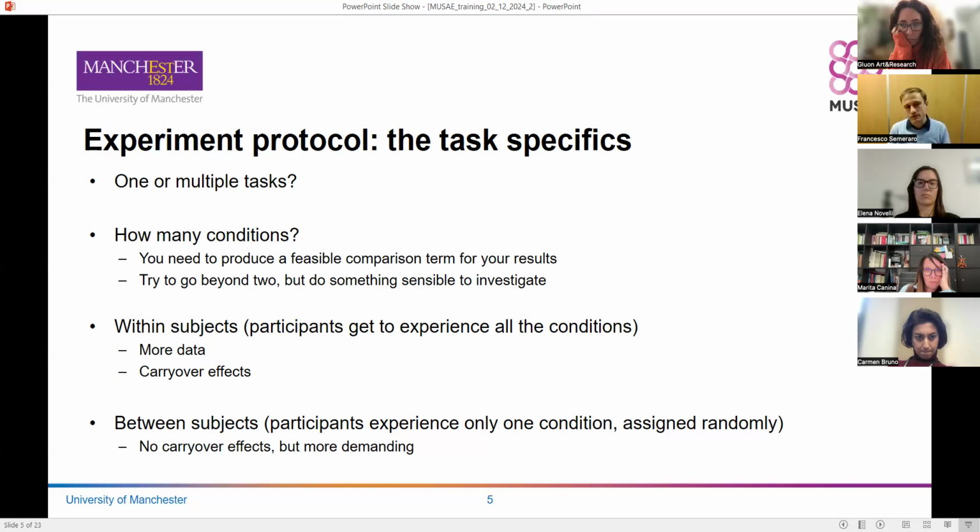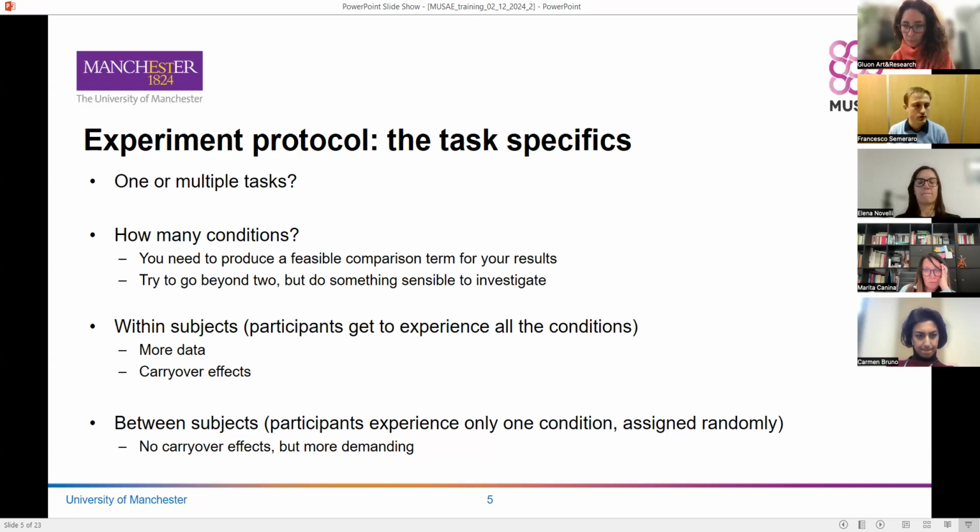So if you're going for a within subject study, you need to devise some ways to take into account these carryover effects. And again, there is no specific recipe for this. It's highly dependent on what you're going to do.